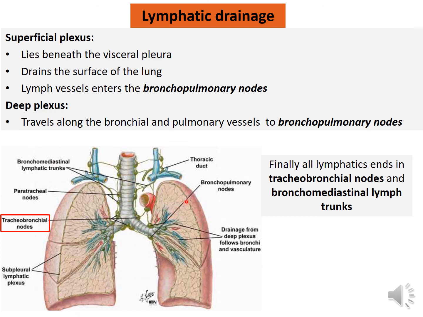You can see here these are the bronchopulmonary lymph nodes. The deep plexus travels along the bronchial and pulmonary vessels into the bronchopulmonary lymph nodes. Lymph from these nodes immediately drains into the tracheobronchial nodes. From there it finally drains into the bronchomediastinal lymphatic trunks. So this is the lymphatic drainage of the lungs.